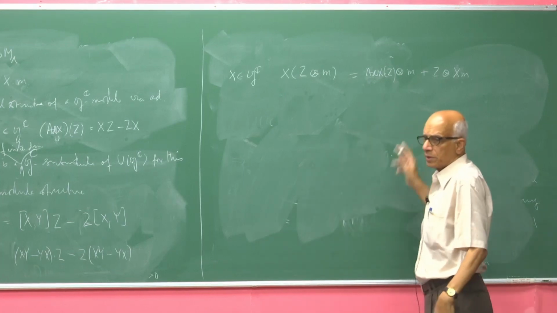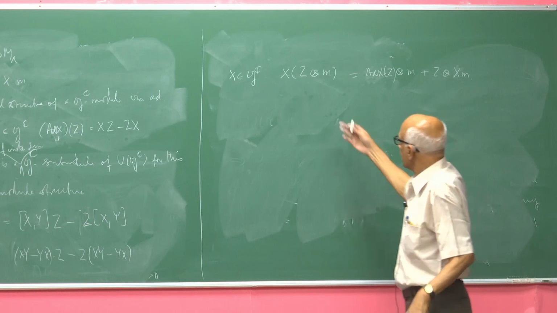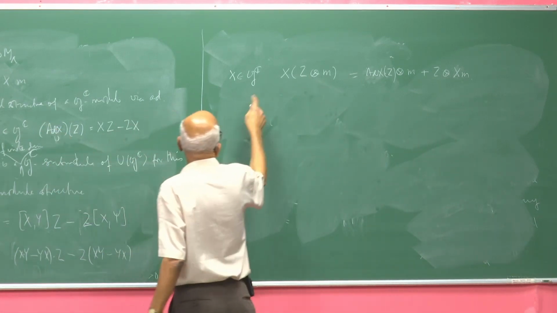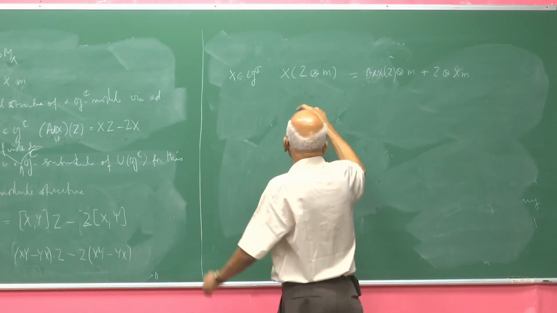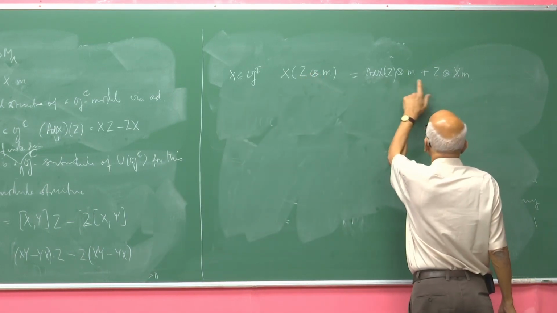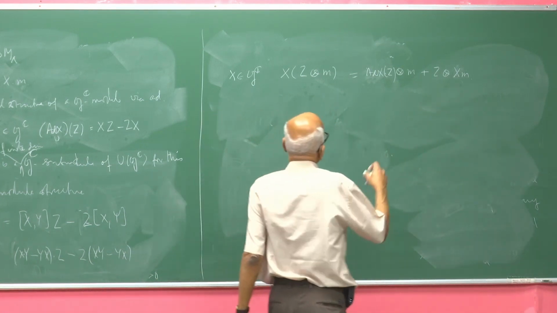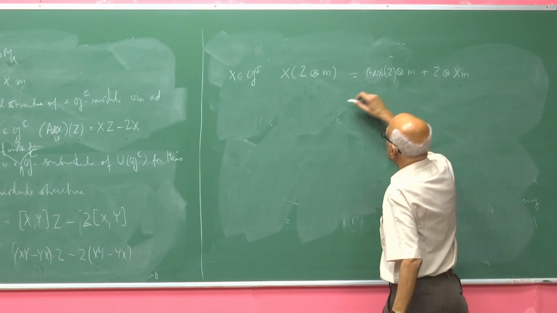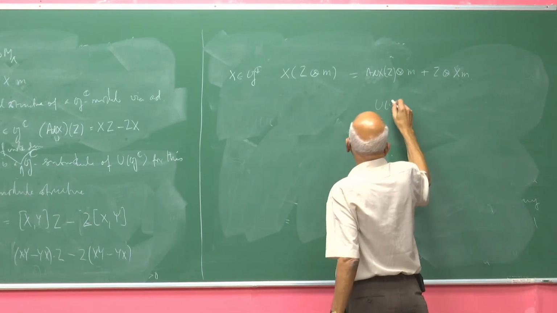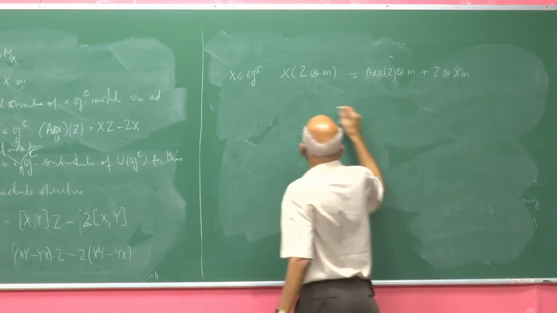That is how it is going to operate. From this definition, it is quite easy to see how x operates on the tensor product. It operates like this: ad x z tensor m plus z tensor xm. And with this operation, we know that UG is a sum of finite dimensional modules. And this is the way it operates.